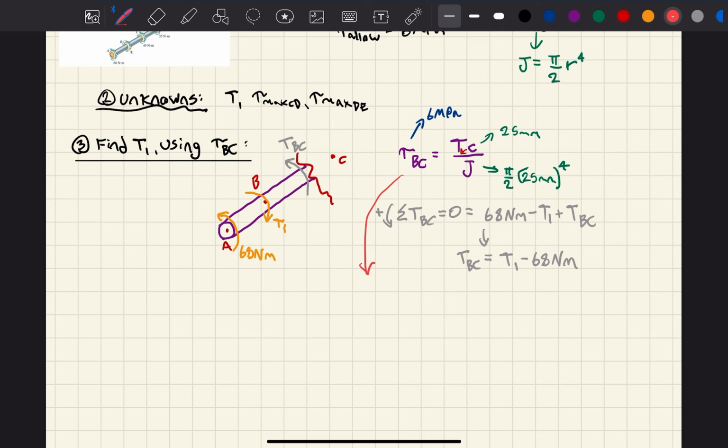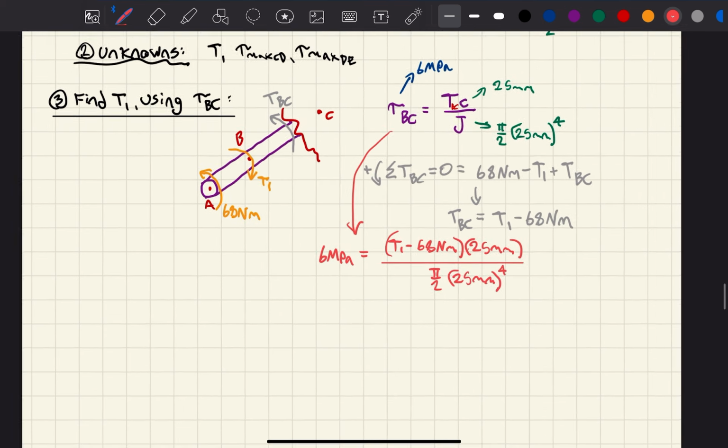Okay, so we're going to plug all our numbers in. 6 megapascals is equal to T1 minus 68 Newton meters, multiplied by 25 millimeters, divided by pi over 2, 25 millimeters to the power of 4.